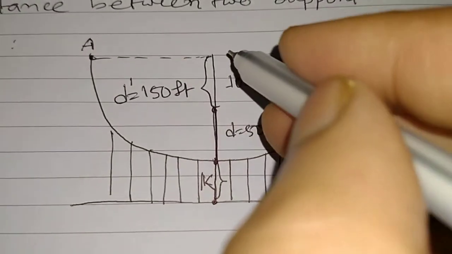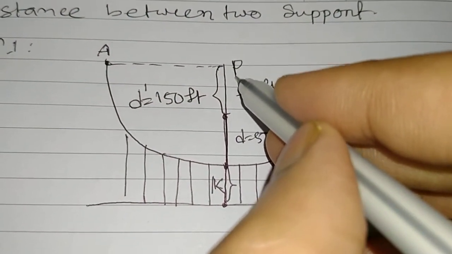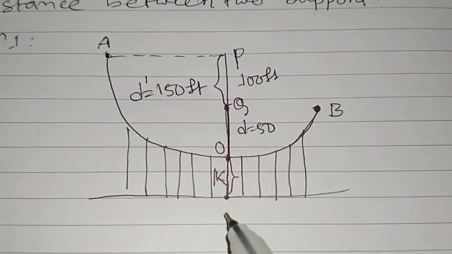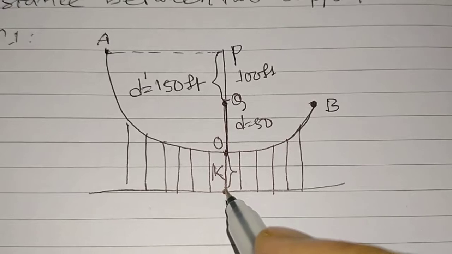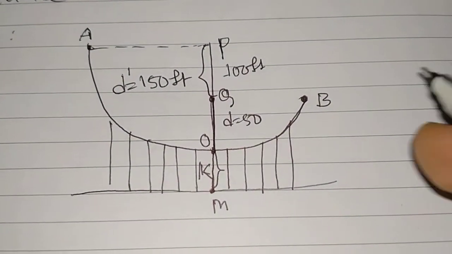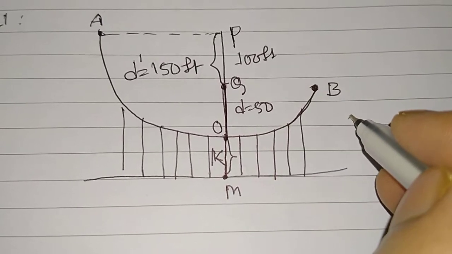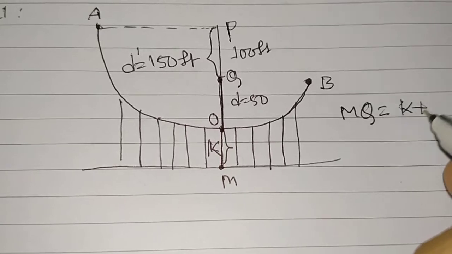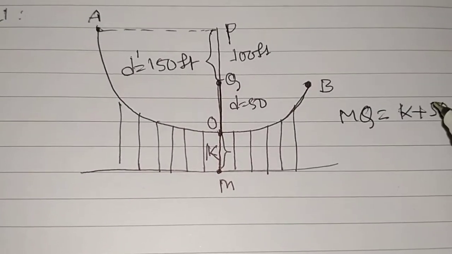And viewers, this point is P, this point is Q, this point is O, and this point is M, where MQ equals K plus 50.